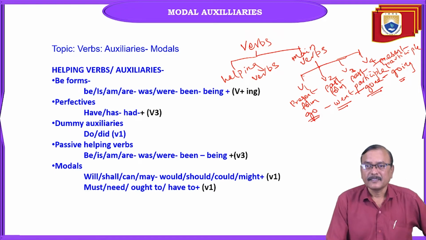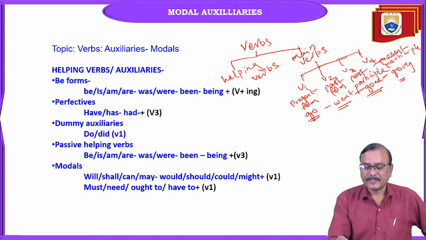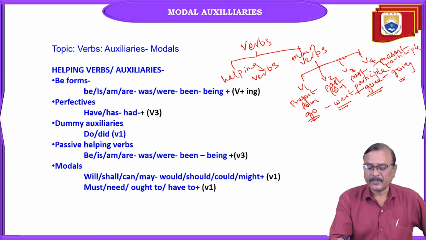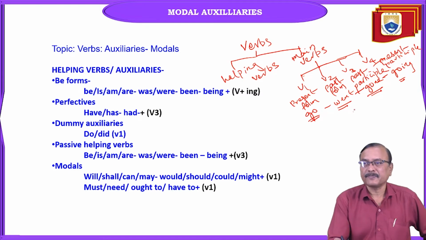So instead of saying present form or past form, I say V1, V2, V3, V4. V1 is the base form, V2 is the past form, V3 is the past participle form, V4 is the present participle, that is the V-ing form.